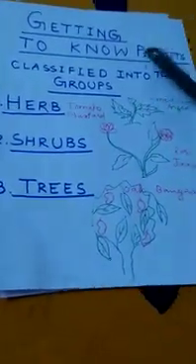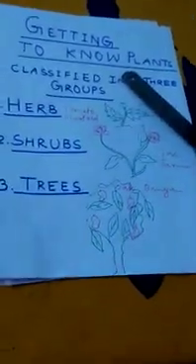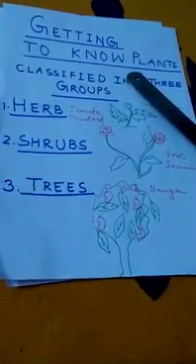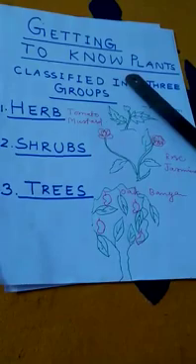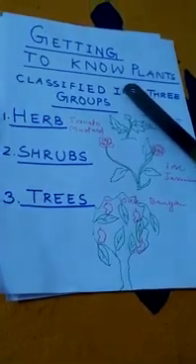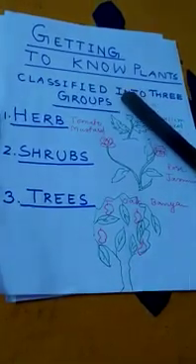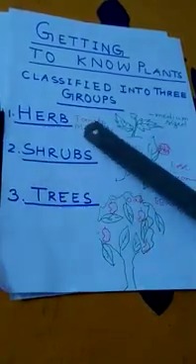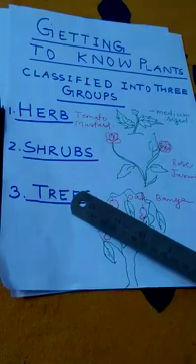Children of Standard 6, yesterday I started a new chapter that is Getting to Know Plants. I told you about the classification of plants into three main groups: herbs, shrubs, and trees.